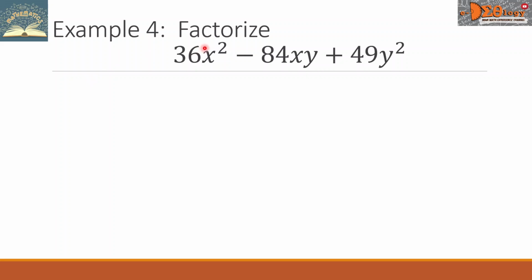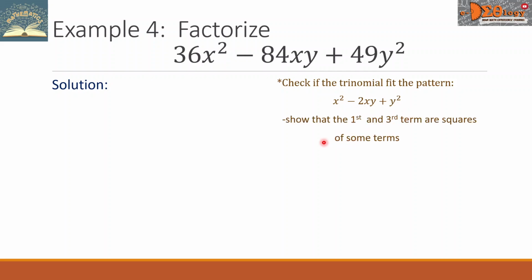Example 4. Factorize 36x squared minus 84xy plus 49y squared. We're going to check if this trinomial fits the pattern x squared minus 2xy plus y squared. First, we're going to show that the first and third terms are squares of some terms.